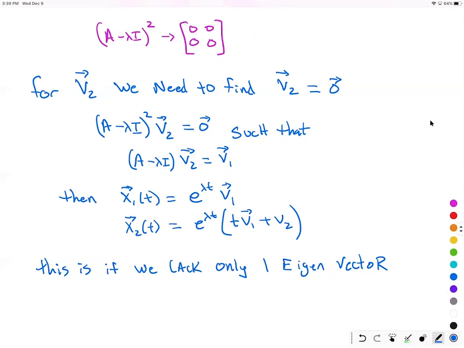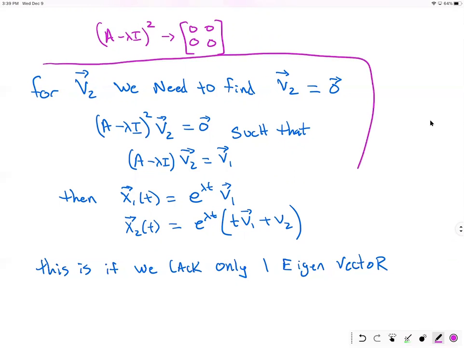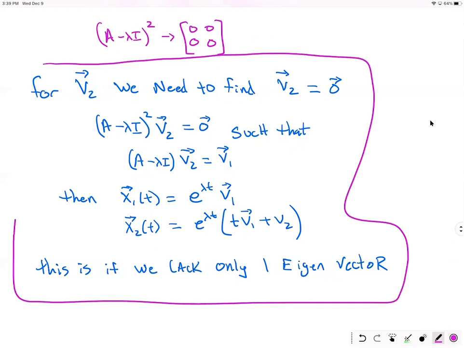So this that I've written here in blue is sort of the theory for the 2x2 where we lack one eigenvector.